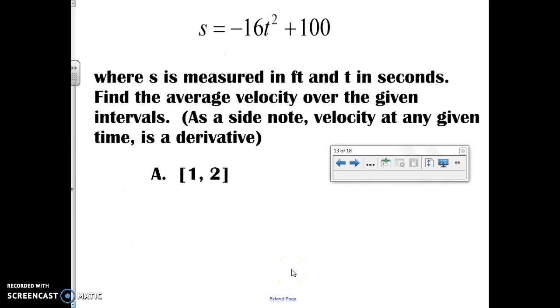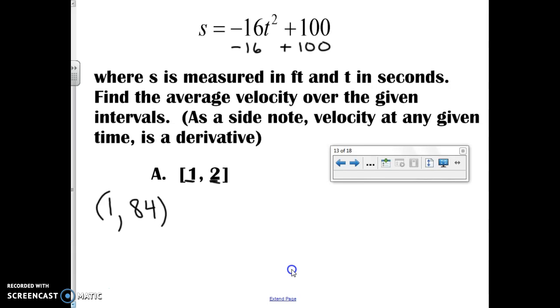So what I have to do here is I'm going to put 1 in. These are your domain values that you can use. You can use 1 and you can use 2. That's not an ordered pair. So if I put 1 in, I get negative 16 plus 100. And so that's going to give me 84, I believe. Hopefully that is correct.